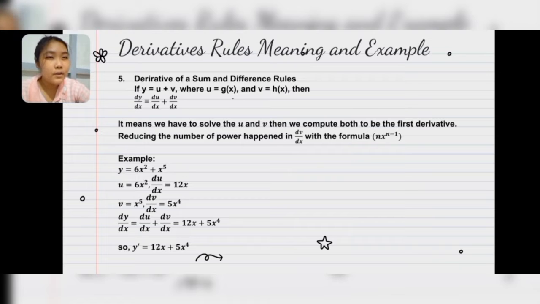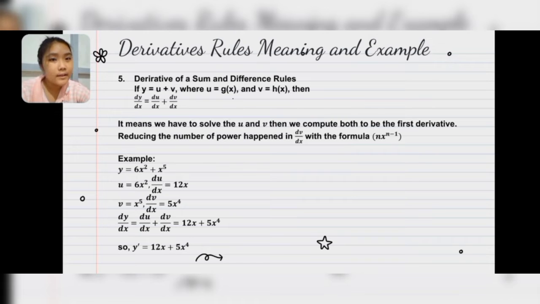The meaning of this rule is, we have to solve the u and v, then we compute both to be the first derivative. And then we have to reduce the power in dv per dx with the formula x the power of n minus 1.